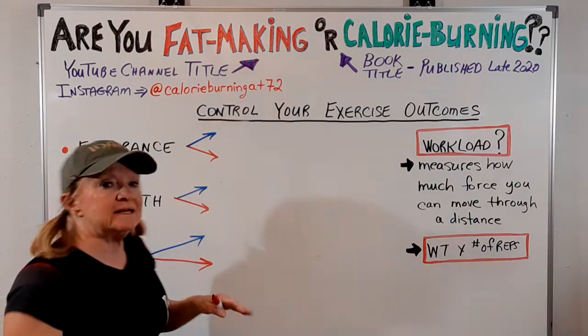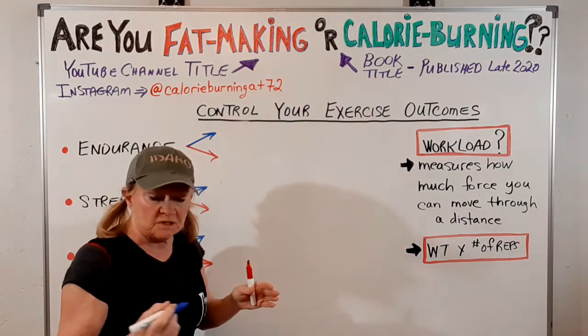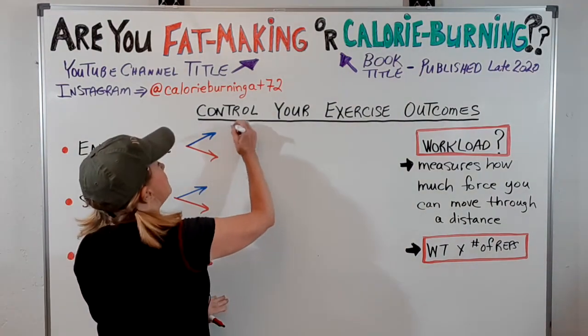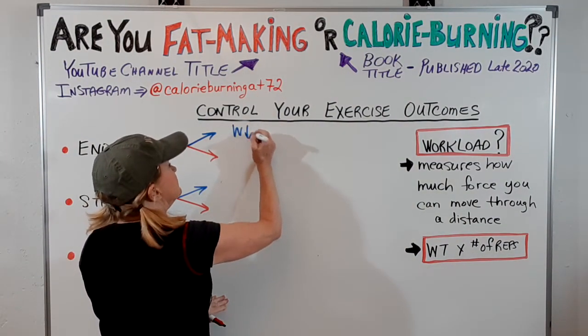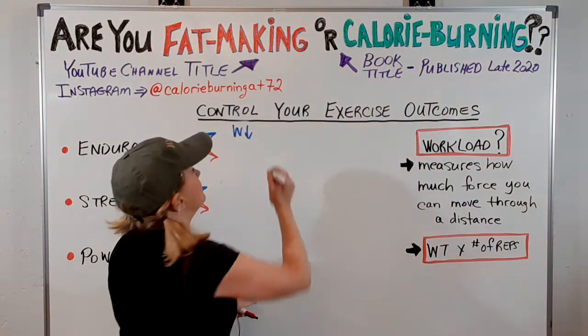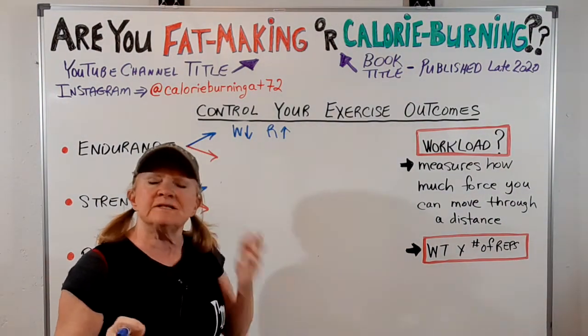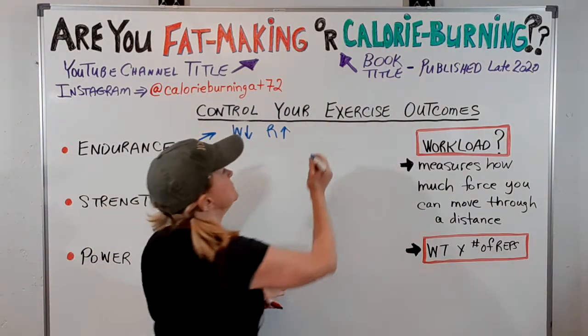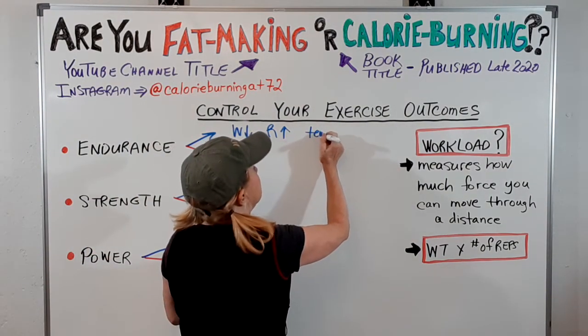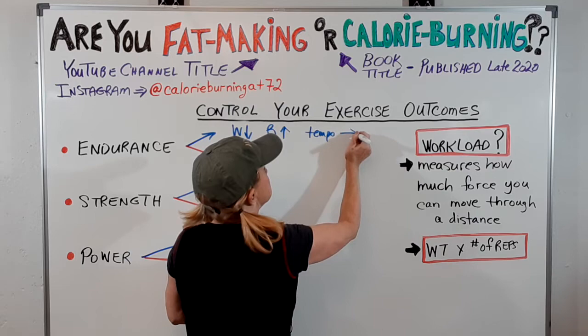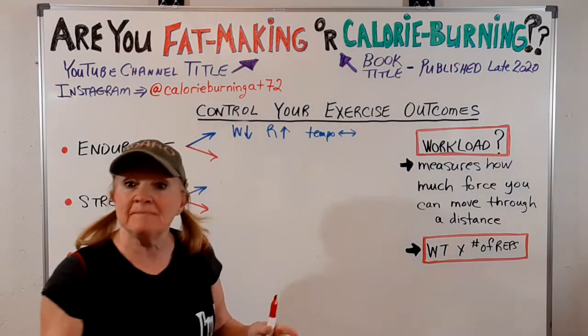So if we're looking at endurance, we don't want to use a lot of weight, okay? So we're going to have our weight down, but we're going to put our repetitions up, and our tempo, how fast we do it, is kind of going to be, I'll just use this for saying, in the middle.